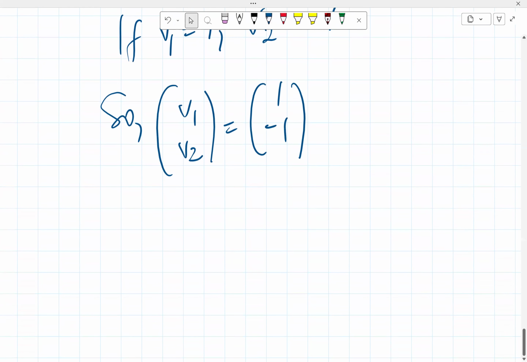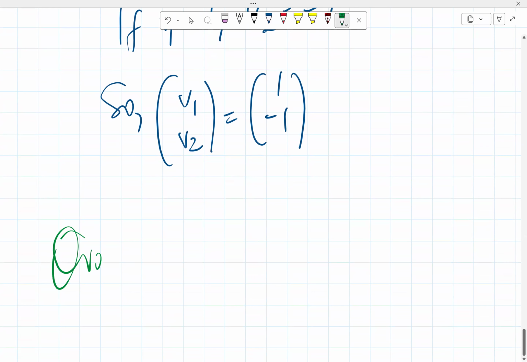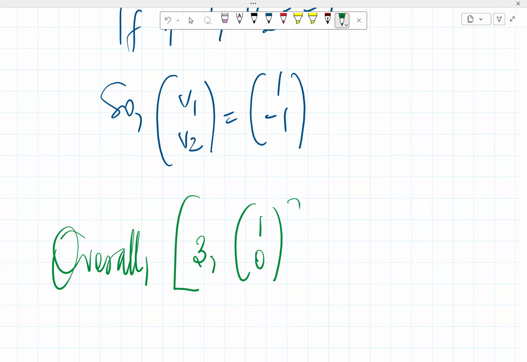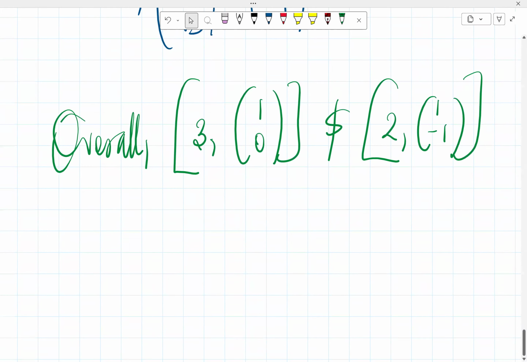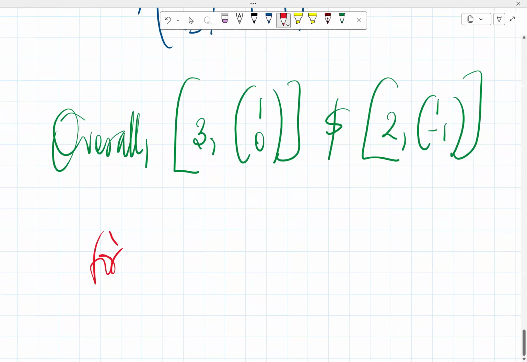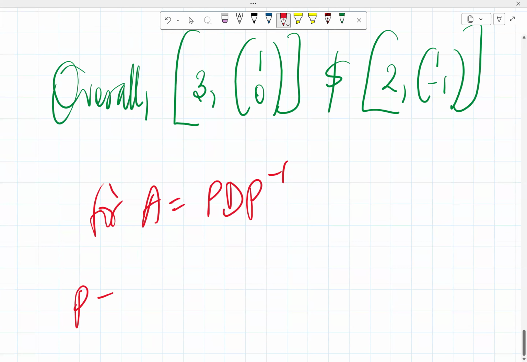Overall, when the eigenvalue is 3, we have (1, 0), and when the eigenvalue is 2, we have (1, minus 1). For A, which is PDP inverse, we can then form the matrix P now.